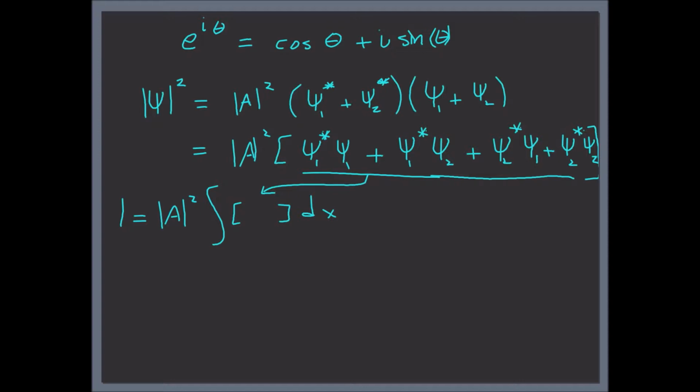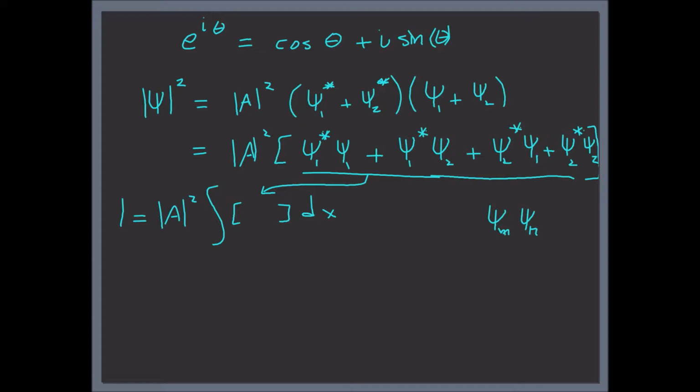So remember what we said: when we integrate psi star psi and the quantum states are equal to each other, this is the Kronecker delta. This is like psi m psi n. When m and n are equal, this is 1. When m and n are not equal, this is 0.